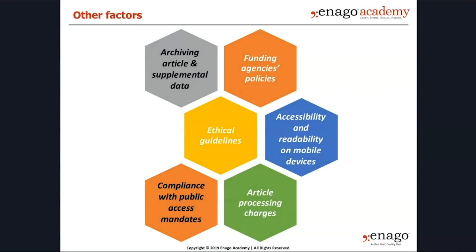Other factors that might be useful for you. In the grey box, supplemental data. If you have supporting information useful for the paper that doesn't need to be published in the article, will the journal publish it alongside as supplemental data?